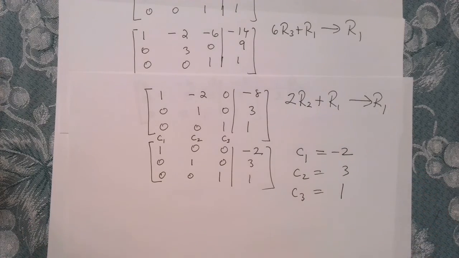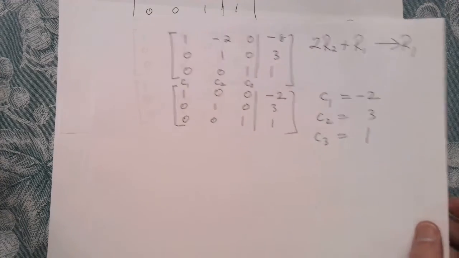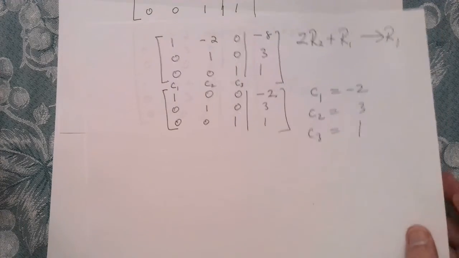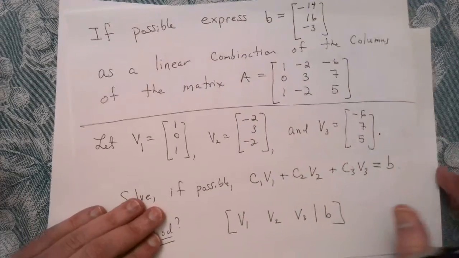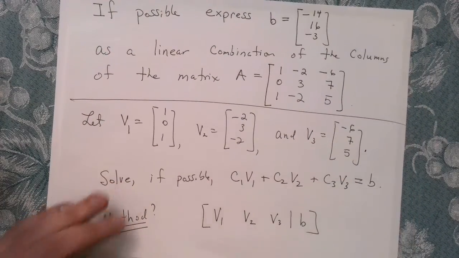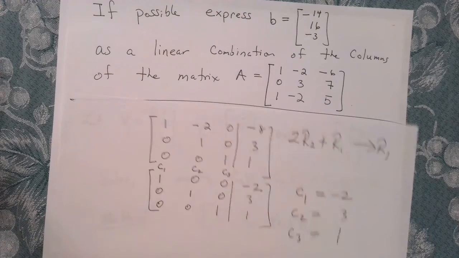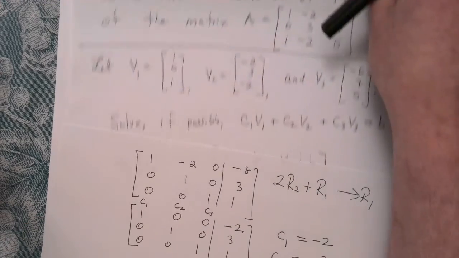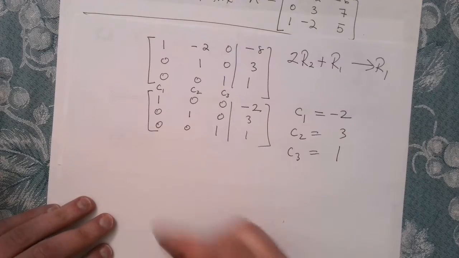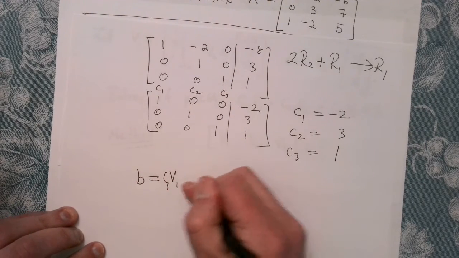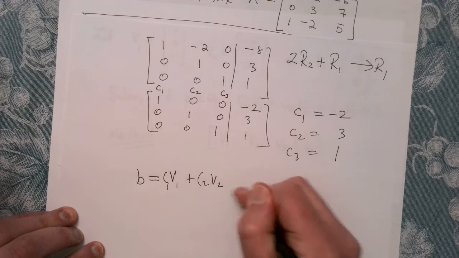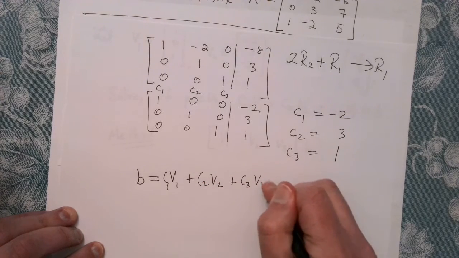Let's go ahead and check our work. Actually, we should really address the question because they asked us to, if possible, express B as a linear combo of the columns. So let's do that. So B is equal to C1 V1 plus C2 V2 plus C3 V3.